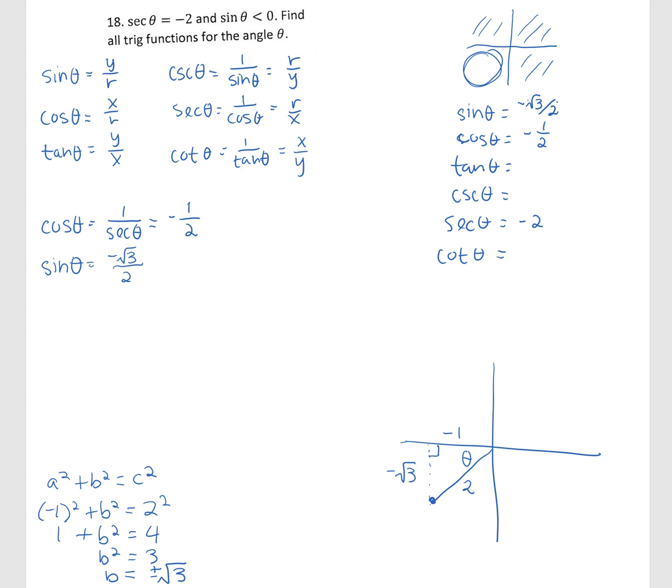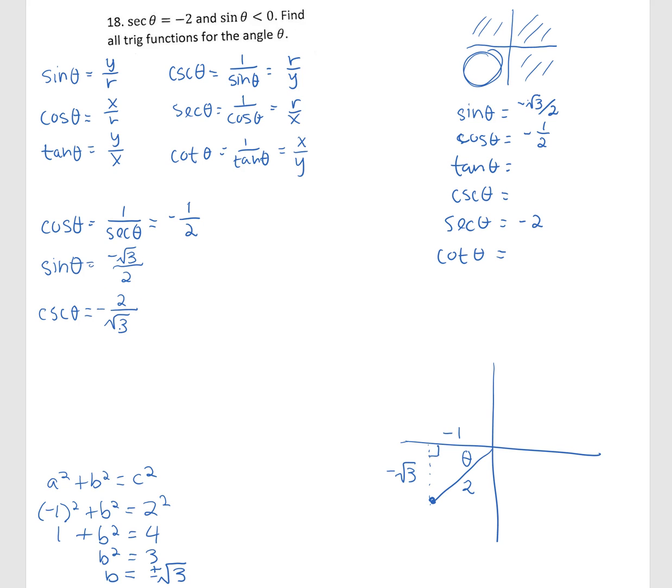And next thing we can figure out is cosecant theta, which is just the reciprocal of sine theta. So cosecant theta is this flip, so we have negative 2 over root 3.